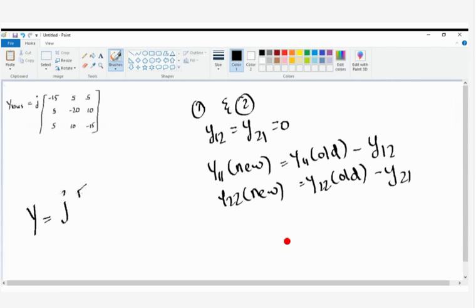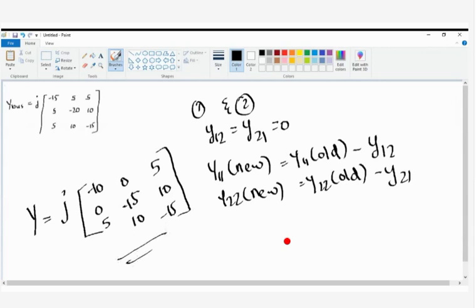j times minus 10, 0, 5, 0, minus 15, 10, j, and minus 15.